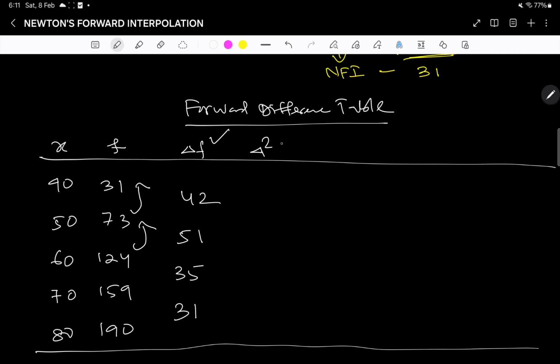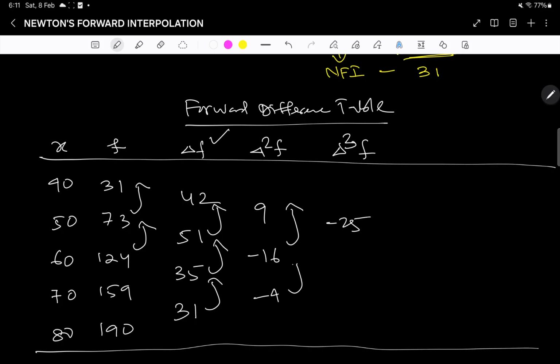Then I have my second order del square f, it is 51 minus 42 is 9, then 35 minus 51 is minus 16, then 31 minus 35 is minus 4. Then my del cube f is minus 16 minus 9, minus 25, then minus 4 minus minus 16, 12. Then my del fourth f, 12 minus minus 25 is 37.